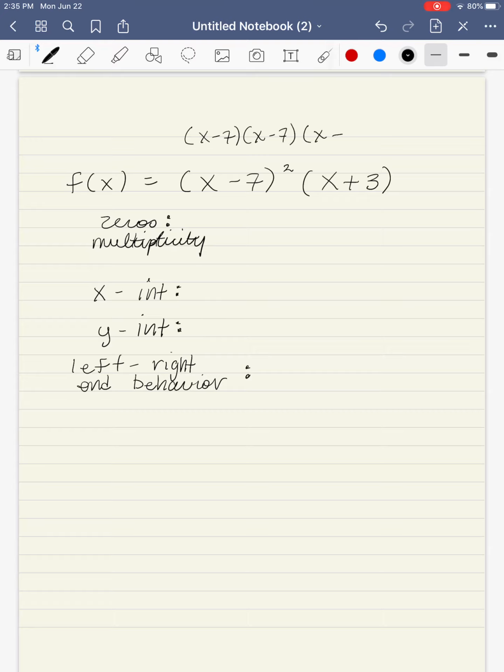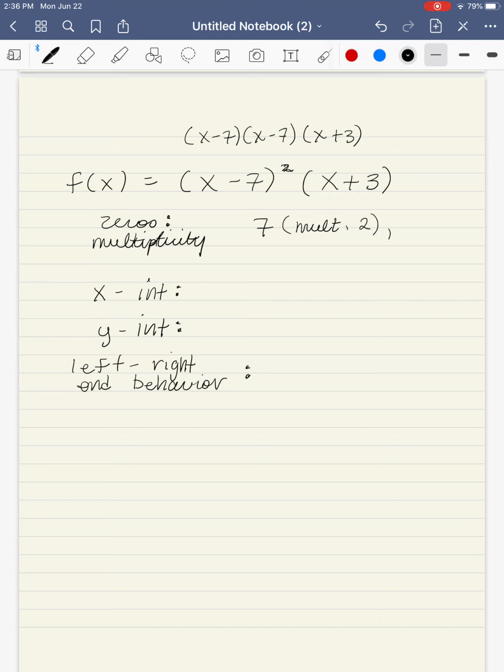Now be careful here. This factor actually occurs twice. This means x minus 7 times x minus 7. So watch out for that when you do this work. Okay, if I set x minus 7 equal to 0, then my 0 is positive 7.